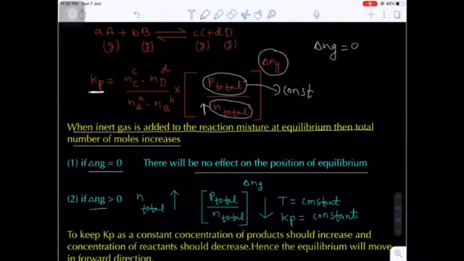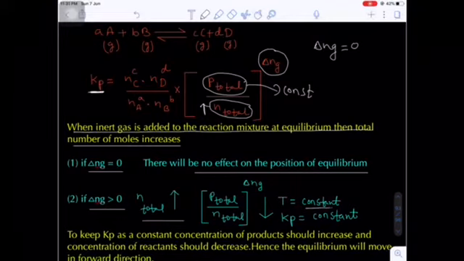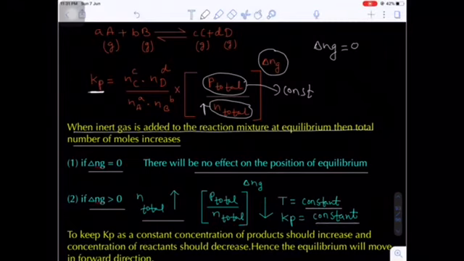Now case 2, delta Ng value greater than 0. Now in the denominator, the number of moles increases. So P total by N total whole to the power delta Ng, this value, what happens? Decreases, because N total in the denominator increases, so the total value decreases. Remember, here the temperature is constant, so Kp must be constant.